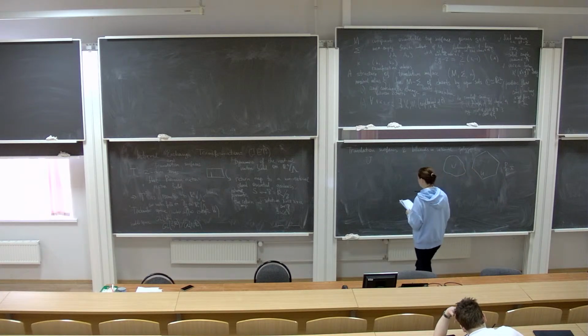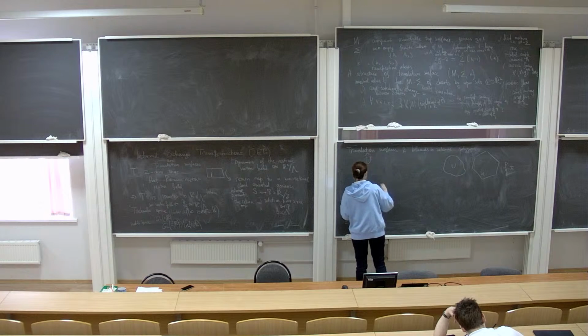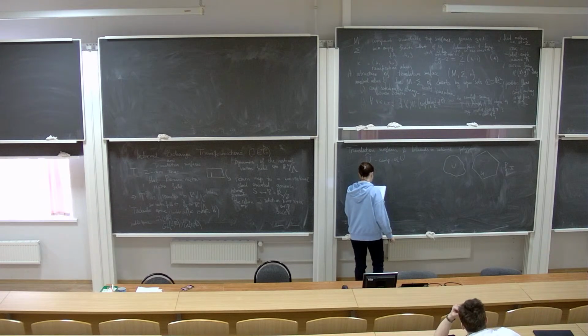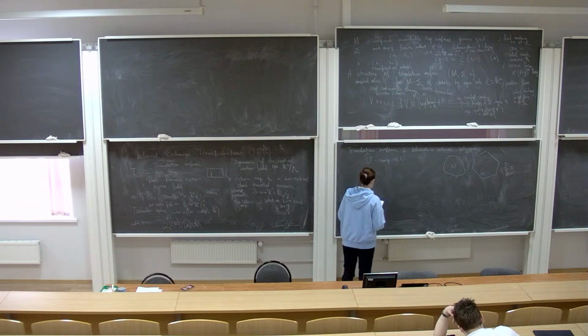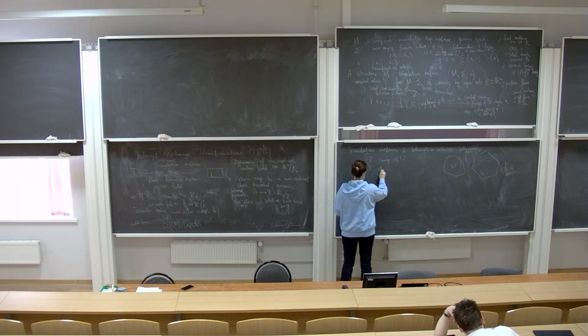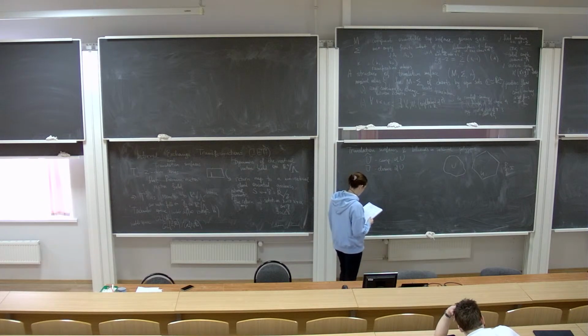Then I can consider the compactification of U and I also can consider the closure. So sometimes we include the boundary, sometimes not. It depends what we want to understand.